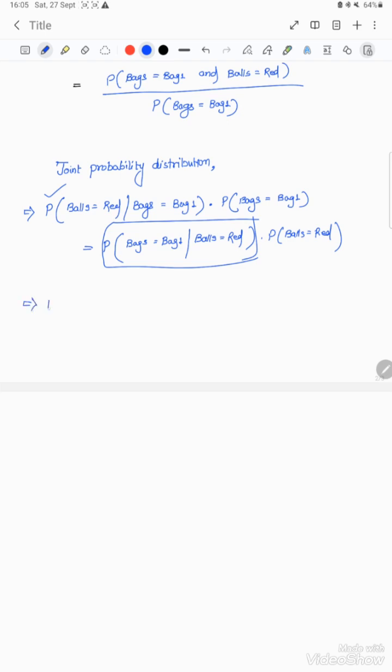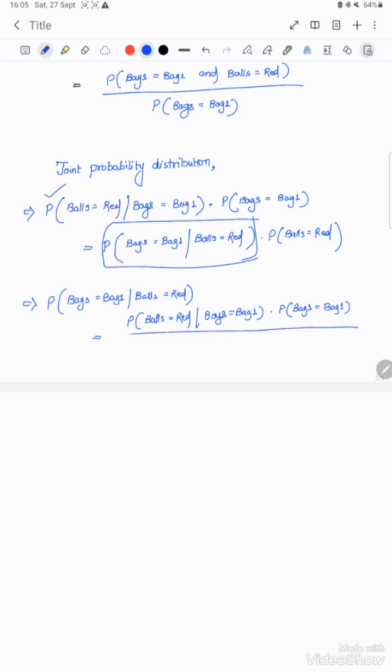If I arrange it, I will get the probability of bags equal to bag 1 given balls equal to red, is equal to the probability of balls equal to red given bags equal to bag 1, into the probability of bags equal to bag 1, divided by the probability of balls equal to red.